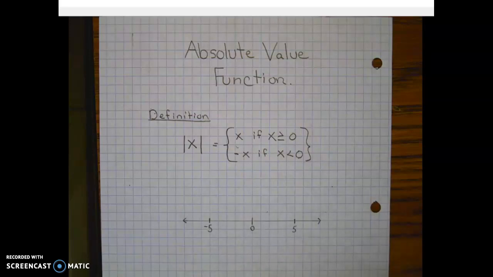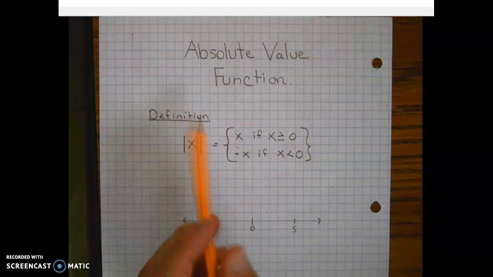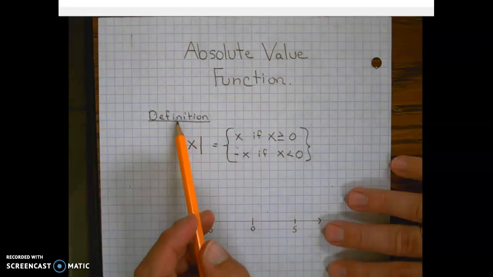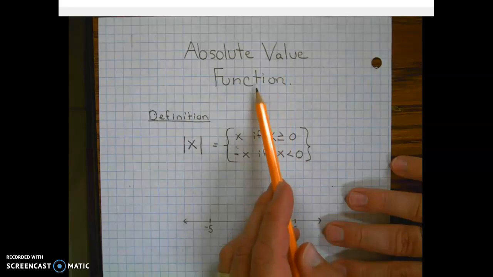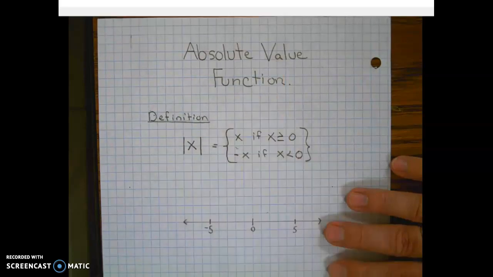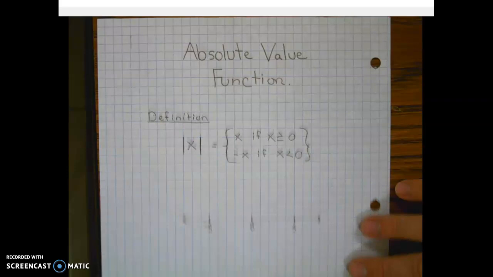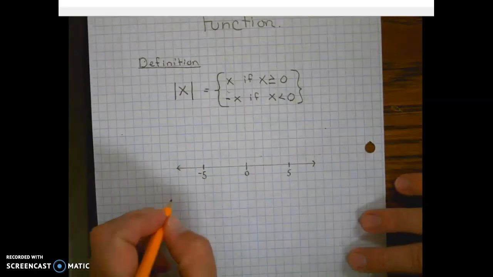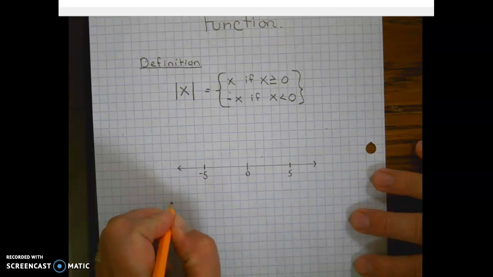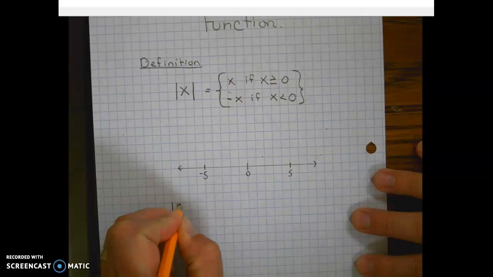Okay, class, we are going to look at the formal definition of the absolute value function. So far, what we have looked at is the basic definition of absolute value, which represents the distance a number is from 0.